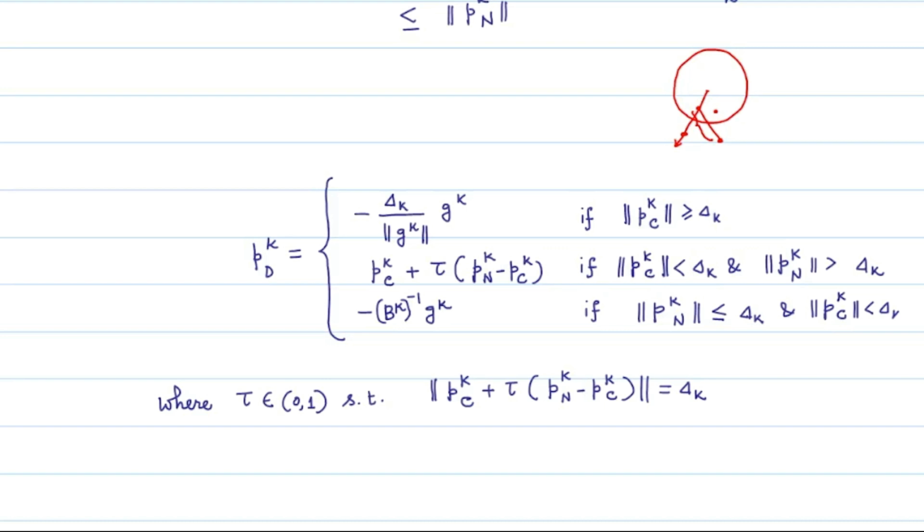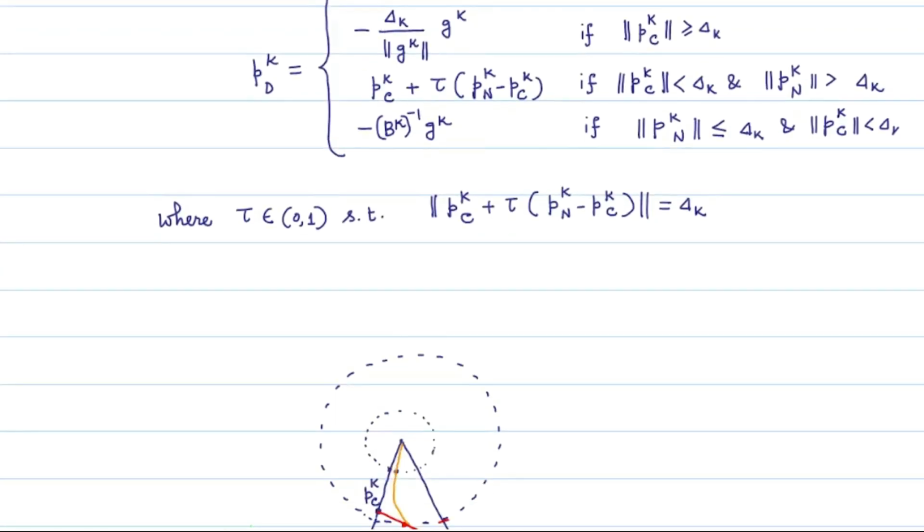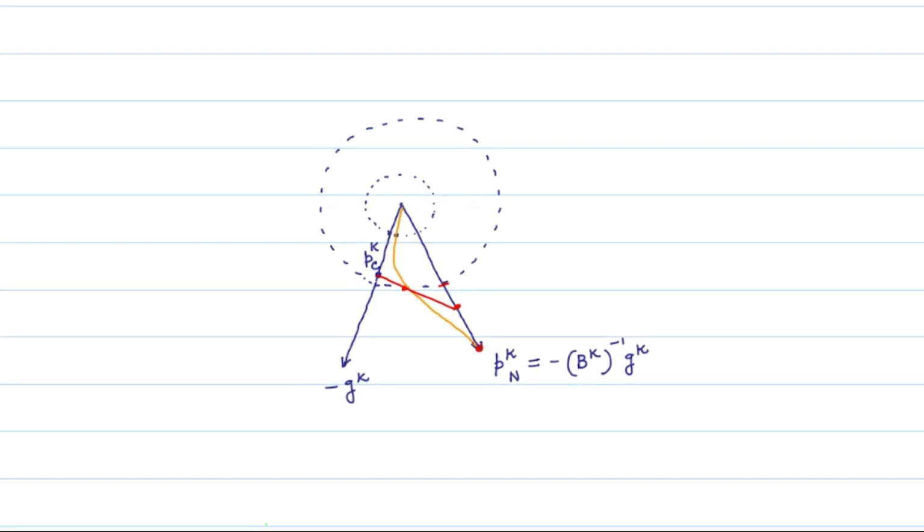Now, in order to make this dogleg step still more inclined to the Newton step, we can proceed as follows. We consider a point lying on this line segment, in the portion of the Newton step which is outside the trust region radius. A point may be considered as this particular point, and we name it, let's suppose, p_k^N cap.